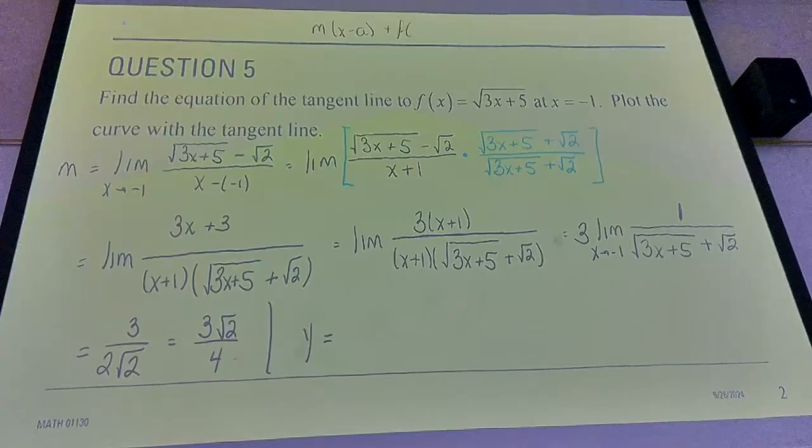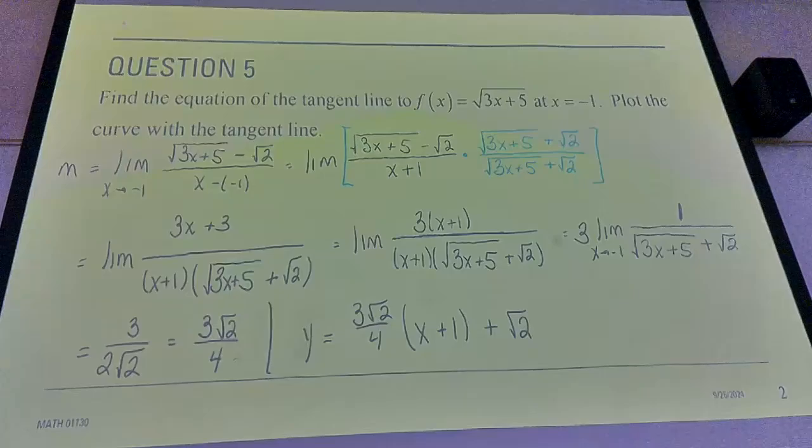I think it was that, wasn't it? Slope times x minus a plus f of a.